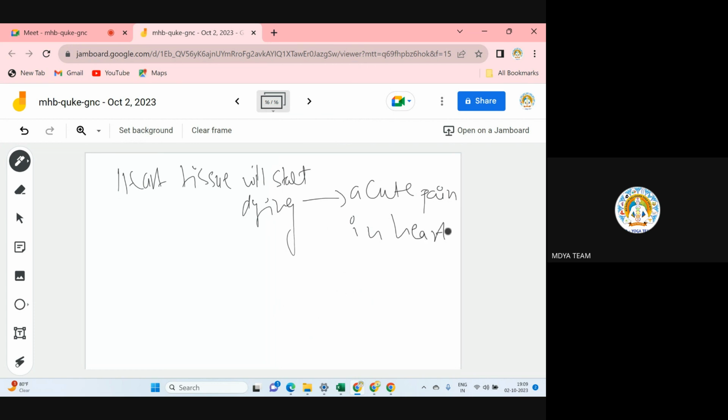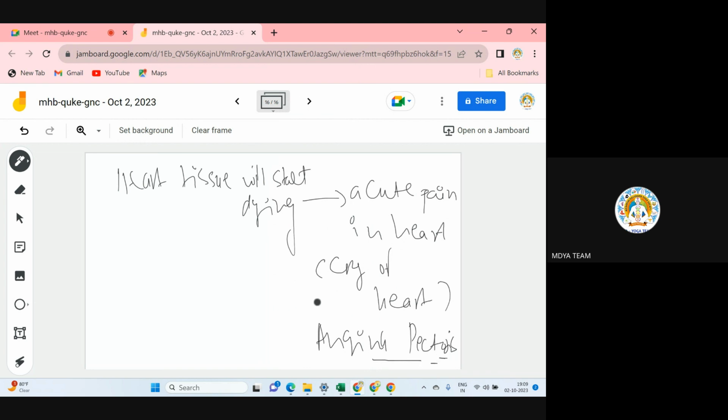This acute pain is also known as cry of heart, and in scientific terms we call it angina pectoris. Because heart muscles are not getting proper oxygen, there is acute pain in those heart tissues.